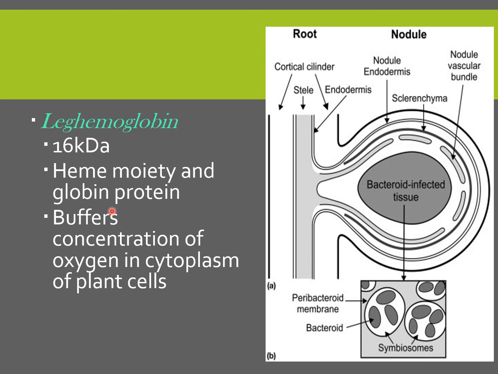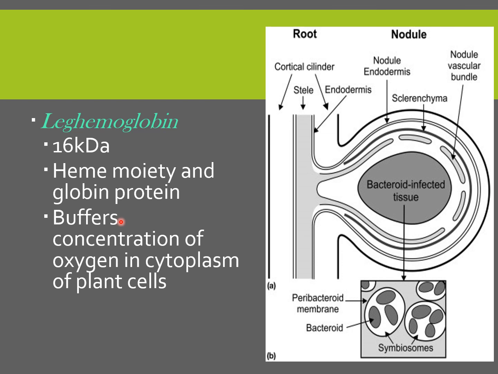If you remember, nitrogen fixation is extremely costly energetically, because it requires a very large number of ATPs: 16 to 18 ATPs for one molecule of nitrogen. So oxygen is required because more energy is required, but that oxygen should be released slowly, buffered in the cytoplasm of the plant cell.